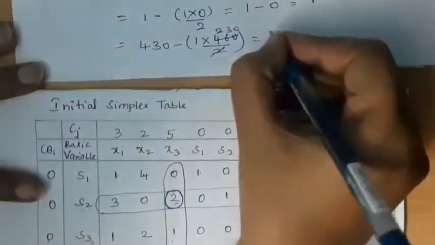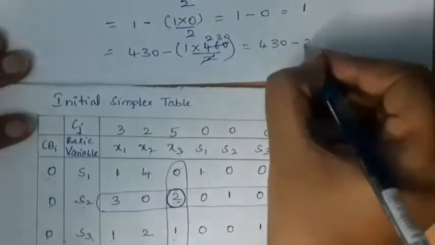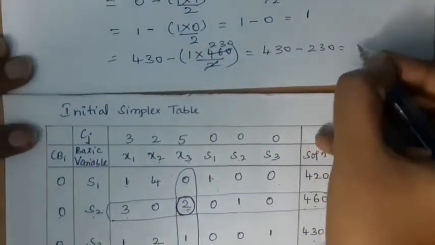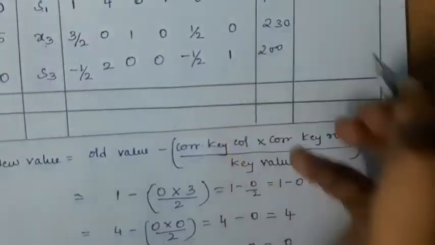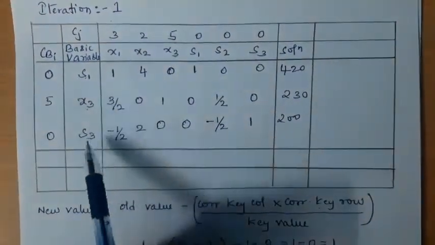So we get 430 minus 230. So that is equal to 200. So assign this value in the table. Now I finished finding the new values for S1, X3 and S3.